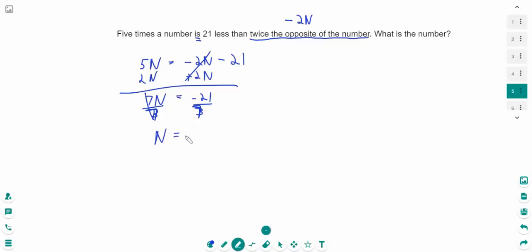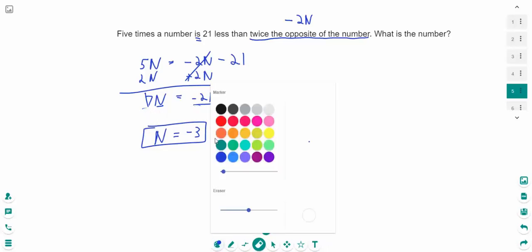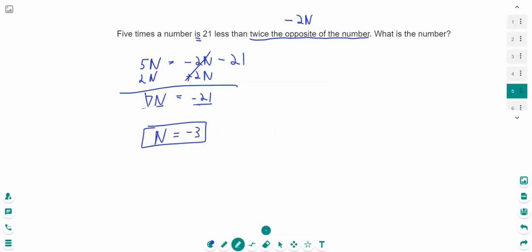Negative 21 divided by 7 would give me a negative 3, right? So n equals negative 3. And that just looks awful. We're going to clean this up a bit because it's bothering me. Divided by 7. There, that's better.